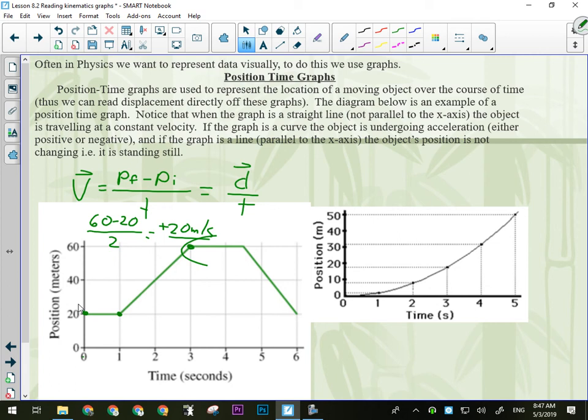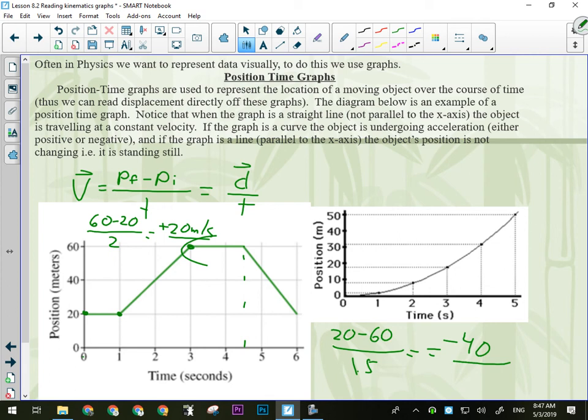All right, I'm going to go final position, 20 meters, minus the initial position, 60 meters, except this time it only takes 1.5 seconds, right? It starts here at 4.5 and goes to 6. Okay, and I've got a negative number on the top because 20 minus 60 is negative 40, right?